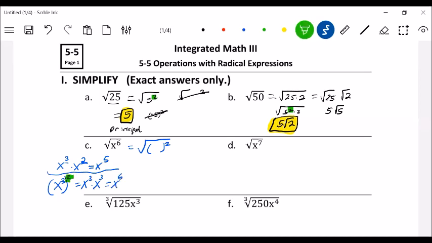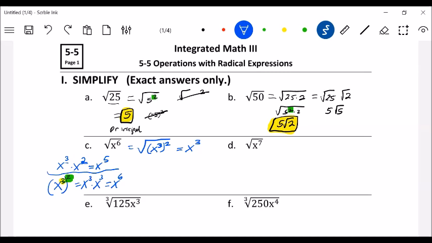But notice here that I have a 2. I just have to make this one a 3 so that they can multiply to make 6. So here I have x cubed. Let's make that so it's much more readable. X cubed squared. So the square root and the exponent 2 cancel out, and we get x to the 3rd as the answer for this one.